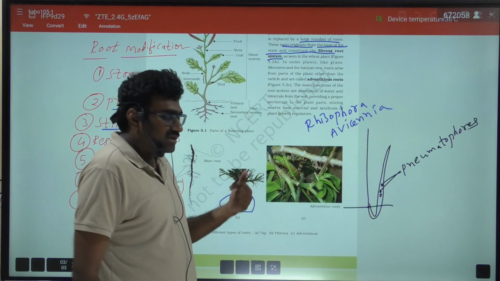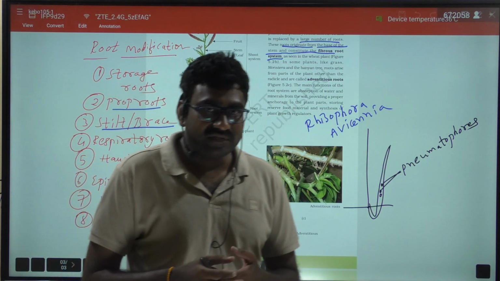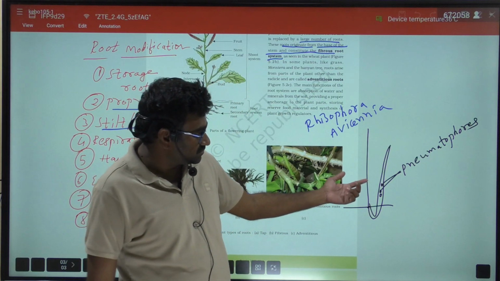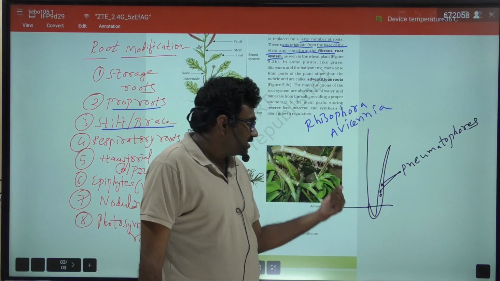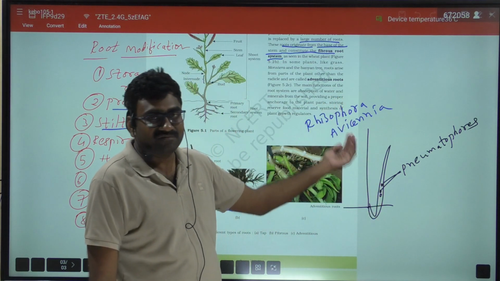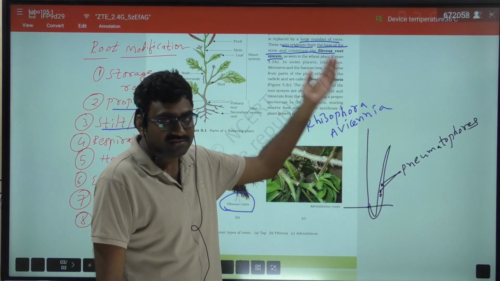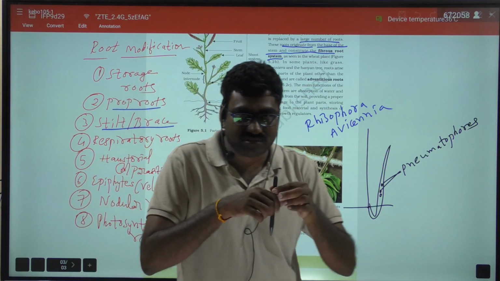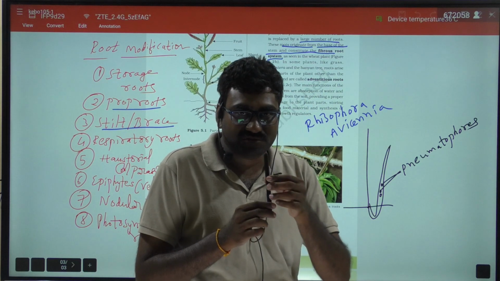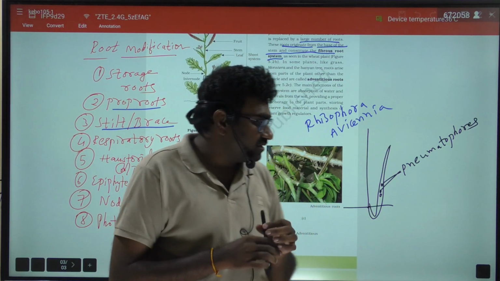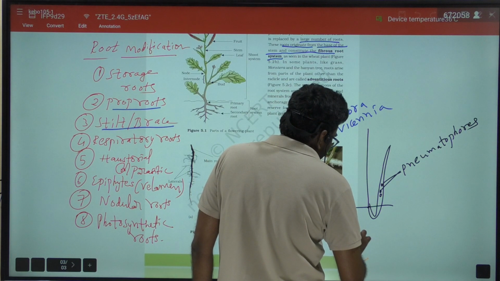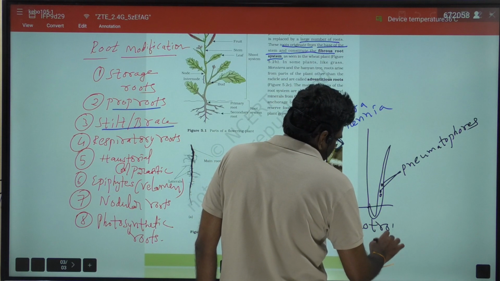But here, in contrary to its nature, the Rhizophora and Avicennia plant roots grow in an upward direction vertically, towards the sky. In general, the root must grow into the soil, that means the root has to show positive geotropism, but here the root exhibits negative geotropism.